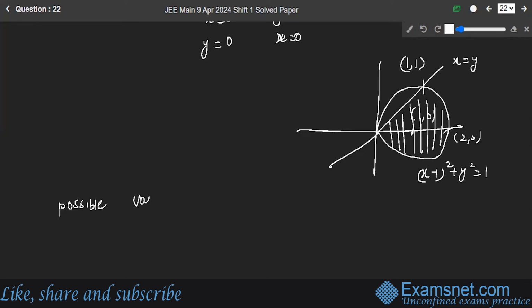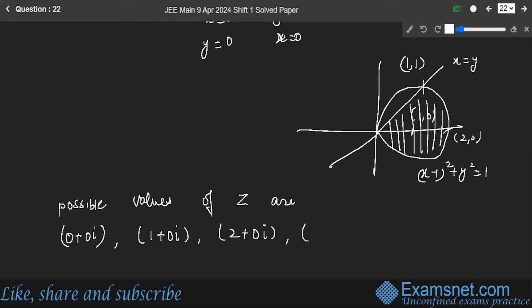So the possible values of z are 0 plus 0 iota, 1 plus 0 iota, 2 plus 0 iota, 1 minus iota, 1 plus iota.